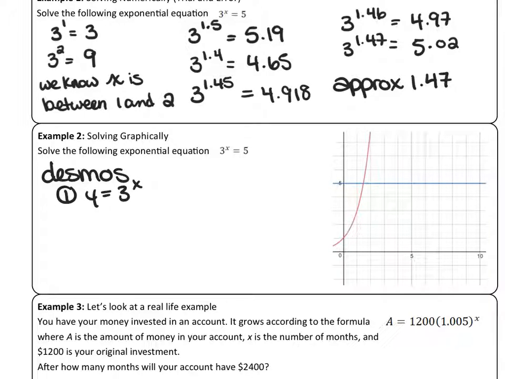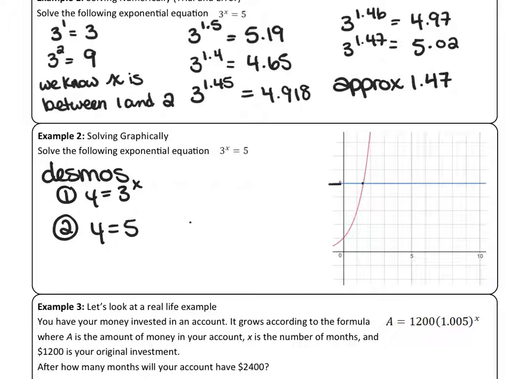So that is that red line that we see here. And the second one I graphed is y equals 5. And that gave us the blue line that's there. So then you can go right on the graph and you can see that the intersection is right here. And if we go down, it looks like it's about 1.5.